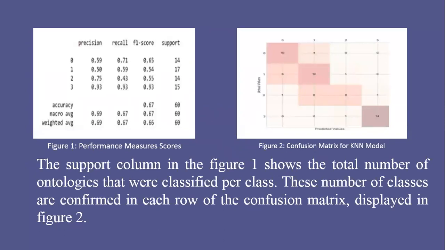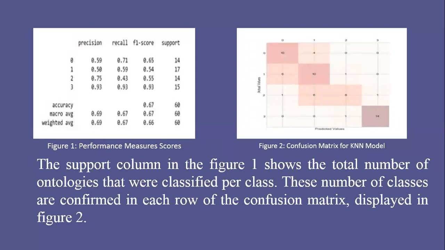The support column in figure 1 shows the total number of ontologies that were classified per class. In this case, we can see there are 4 classes, and these 4 classes represent the 4 quality dimensions that were introduced earlier. So we used the numbers 0, 1, 2, and 3 to represent the 4 quality dimensions in that order.